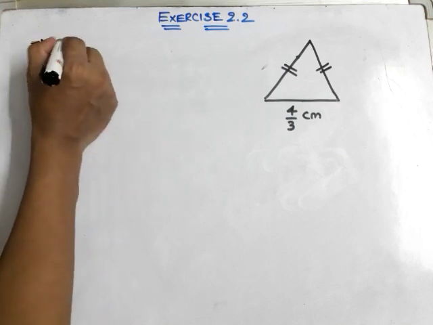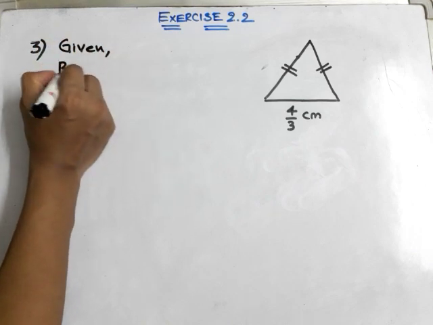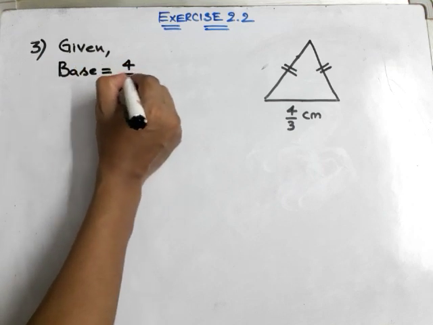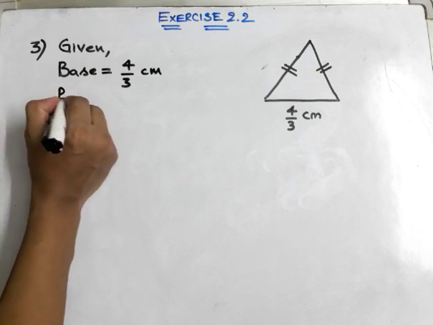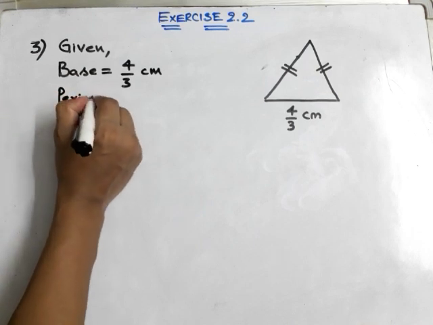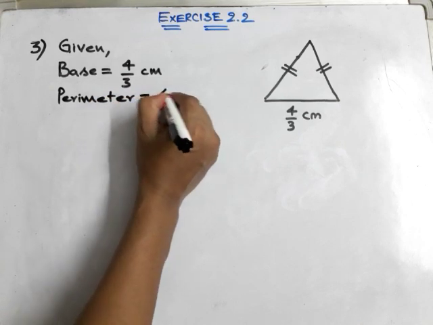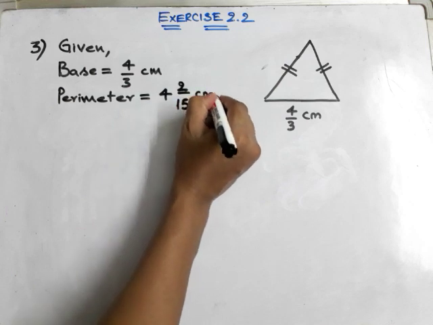So let us write the given terms first. Given: base is equal to 4/3 centimeters and perimeter is equal to 2 4/15 centimeters.